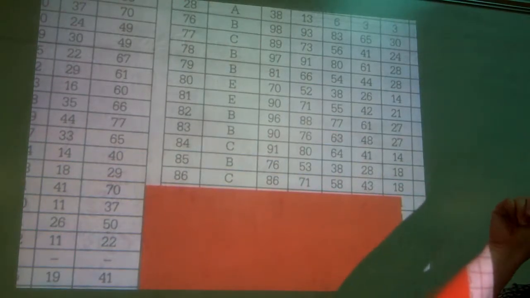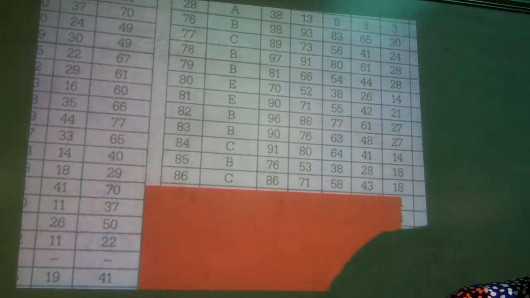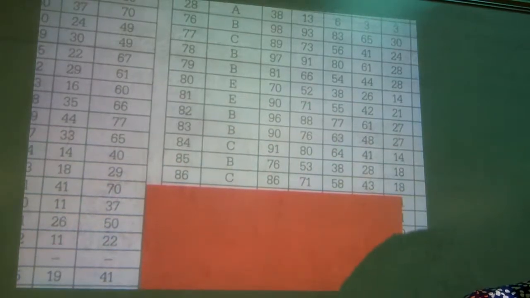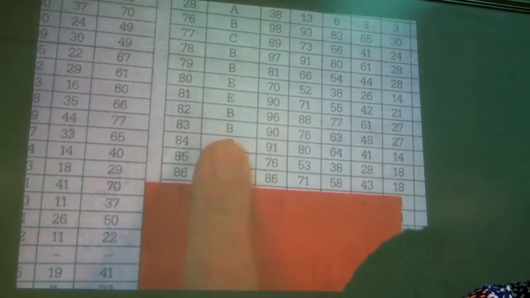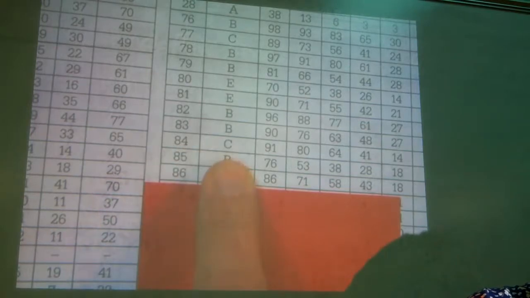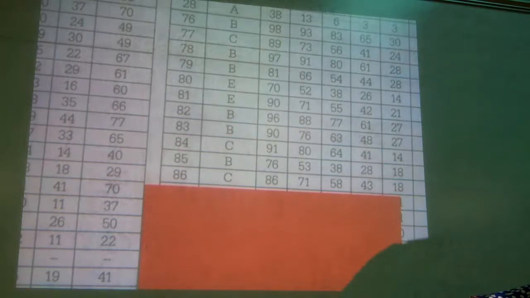Okay, so first let's look at what the answers are supposed to be, at least according to them. 81 should be E. 56% of people got that one right. 82 should be B. 69% of people got that right. 83 should be B. 61% got that right. 84 should be C. 58% got that one right. 85 should be B. 43% of people got that right.